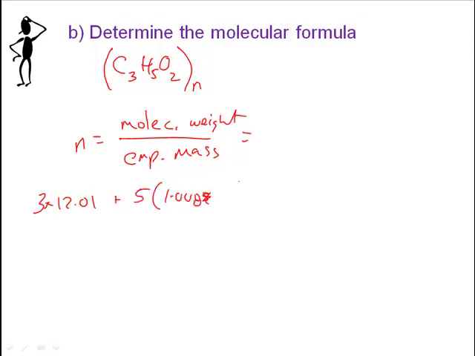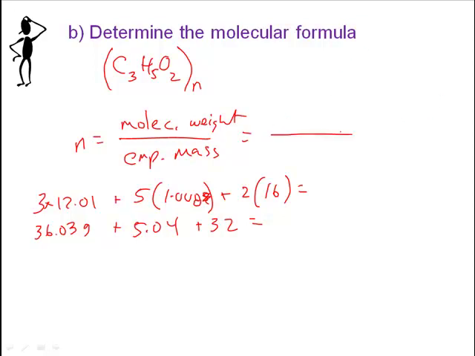Oh, extra O, there we go. Plus our 2 oxygens. So 3 times 12.01. So that is 73.07 as the empirical.